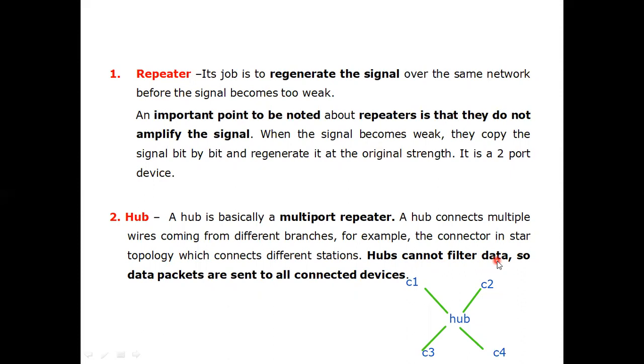But right now it is not filtering the data. That's why it sends all the data to the connected devices. How many connected devices are there? It depends upon the situation. But whatever the connected devices are, it will send the data to all of them.